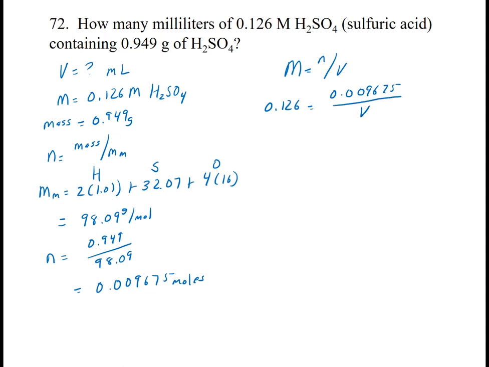Now, whenever I'm trying to solve for something that's the bottom half of the fraction, I need to get rid of the fraction first. This is division, so the opposite of division is multiplication. So I'm going to take 0.126 times V is 0.009675.